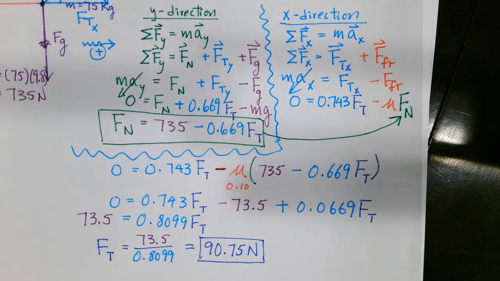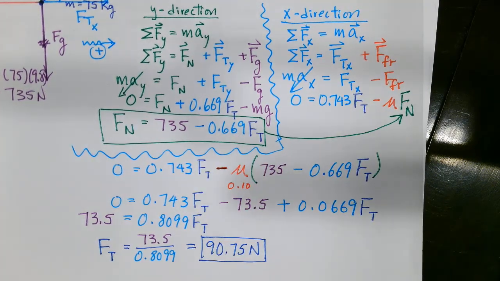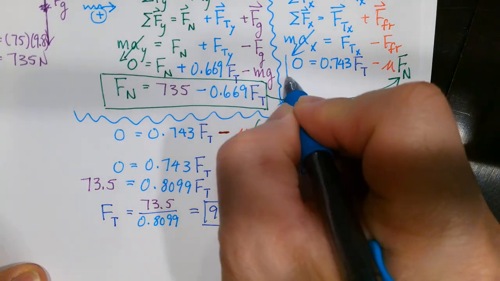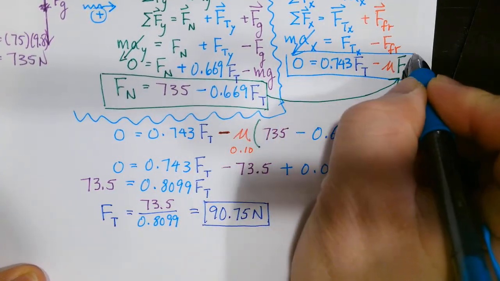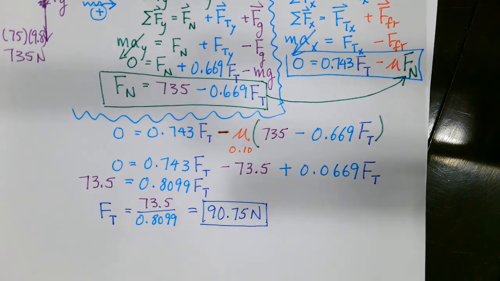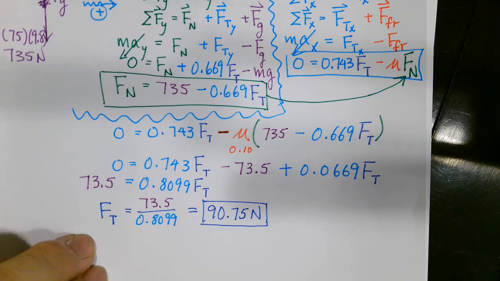Once you have two equations with two unknowns, you can substitute one into the other to figure out just one single variable, and voila, there you have it. All right, any questions? All right, good, good.